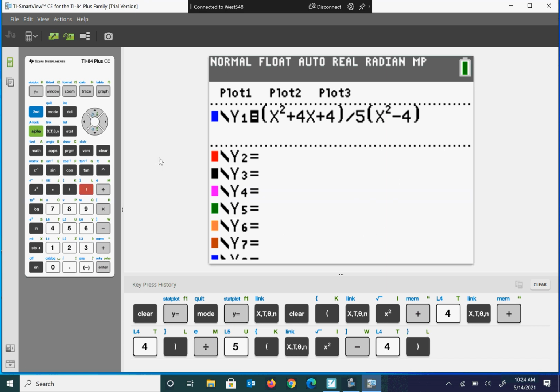That 5 is not supposed to be there. Delete that. All right.